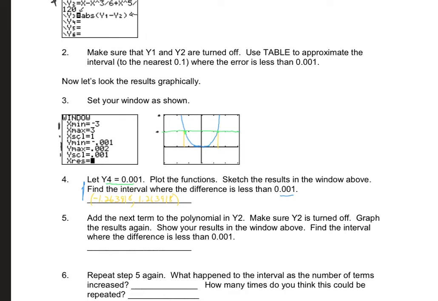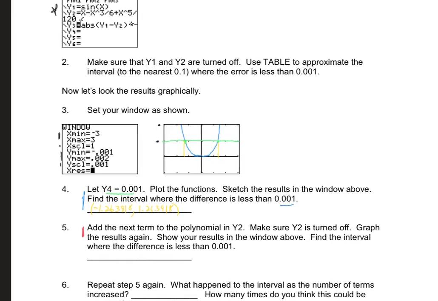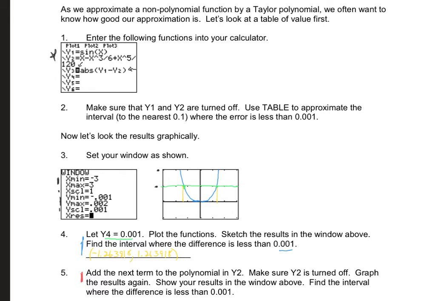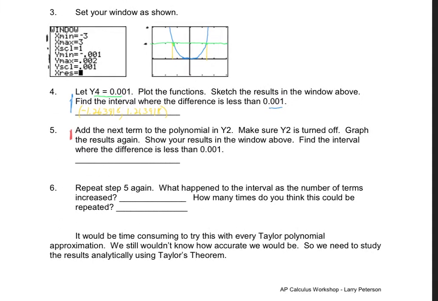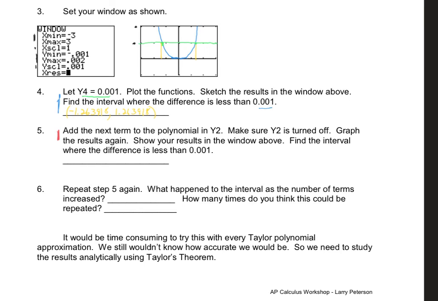Now we're going to add another term into our polynomial y2. Up here, we're going to add in minus x to the 7th over 7 factorial. That's one more term. Make sure you turn off the y2, because once you add something to it, your calculator will try to highlight that equal sign again so that it'll graph.